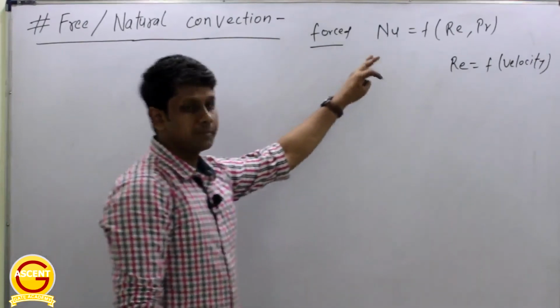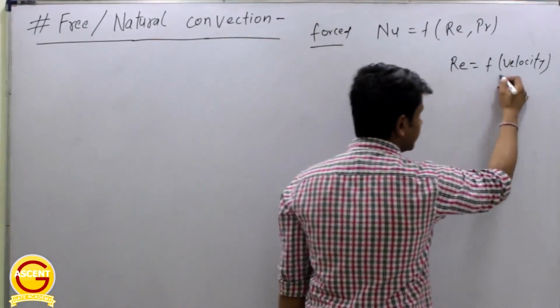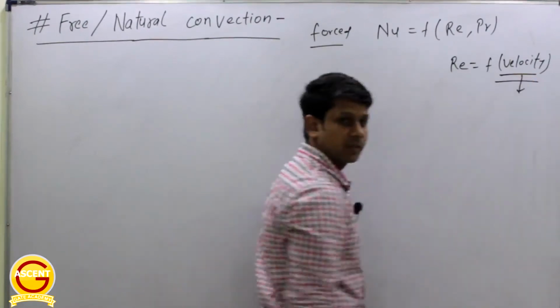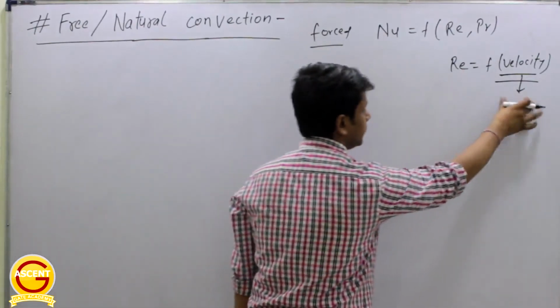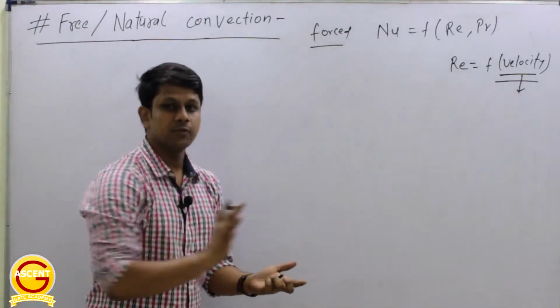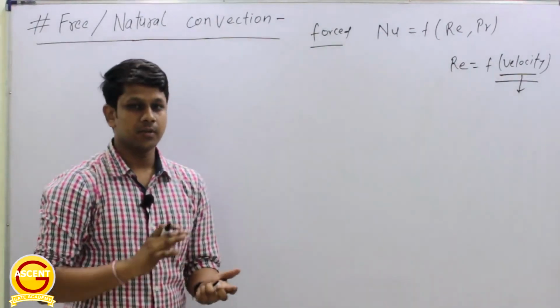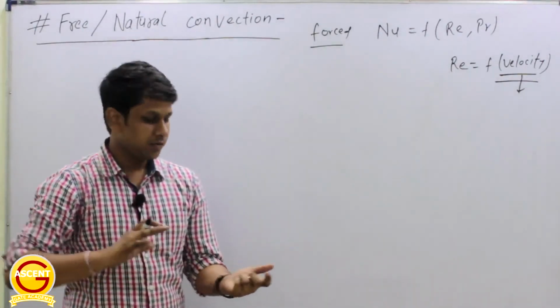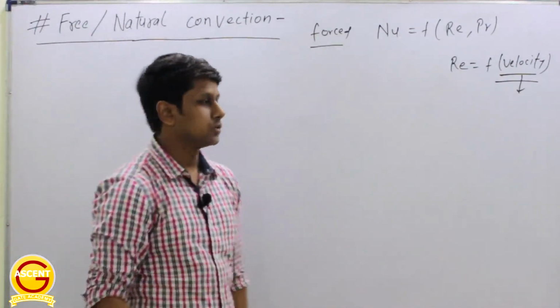And if Nusselt number is a function of Reynolds number, that means we are considering the velocity of fluid. So in forced convection, we consider the velocity of fluid because we are forcing the fluid to flow by means of some external agency like fans or blowers. So we will consider the velocity.